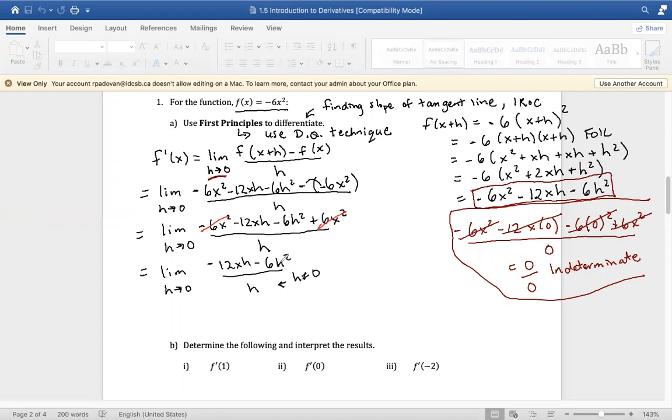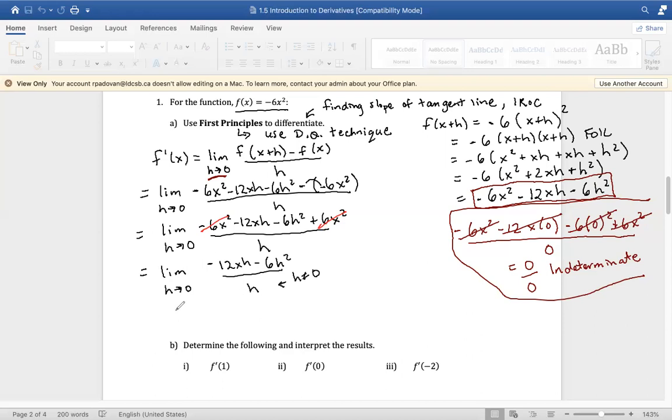And because there's an h in every term up above, which should always happen, you can factor out again. You can factor out here, for example, a negative 6 and an h. But remember what we said even in the previous videos: you don't even have to go that far as factoring out the constant. All we want to do is get rid of the h on the bottom. So just factor out the h.